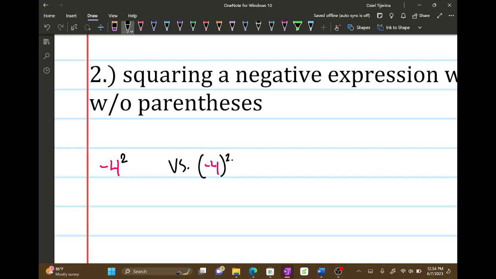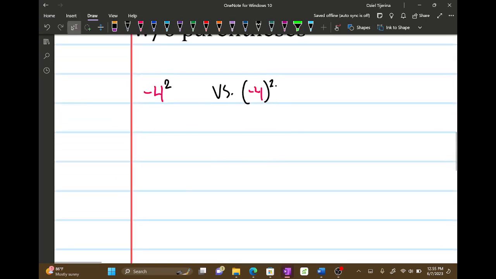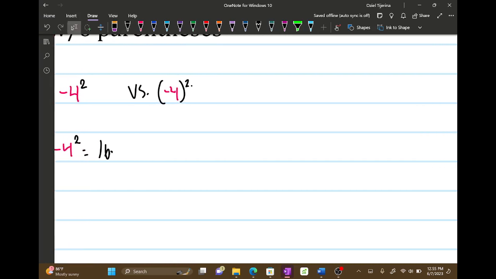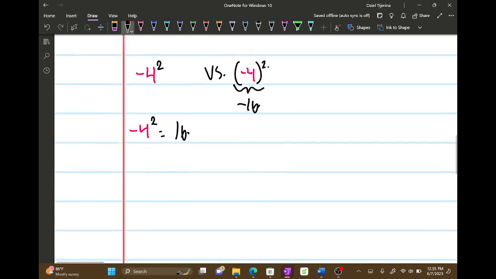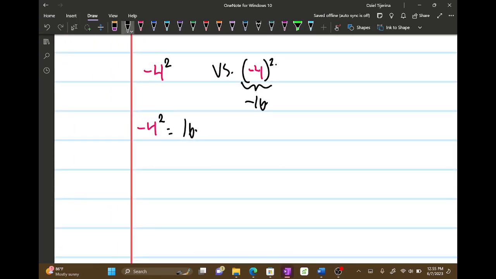It's very common, but we have to remember the difference. A lot of students tend to think that -4 squared is 16, or that both are 16. We have to know the difference.